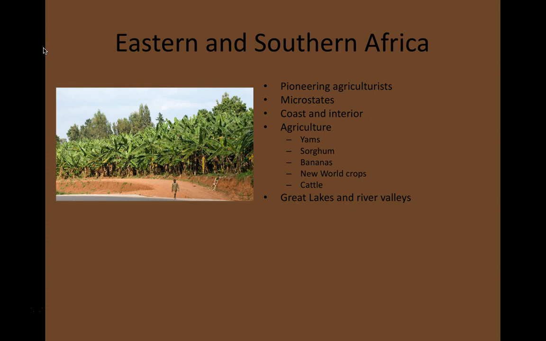Same goes for the more navigable and habitable parts of the Congo River Basin and the Zambezi River Basin. And then along the shores of the Limpopo and the Orange River and the Vaal River and others in southern Africa, it's the same thing. This is where people, of course, settled to do agriculture because they needed water.